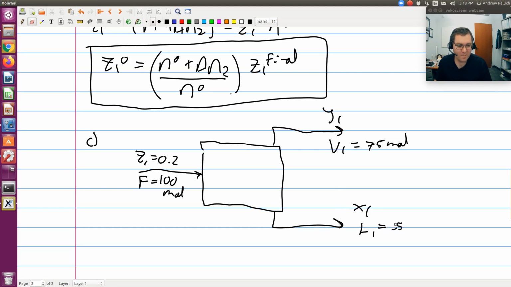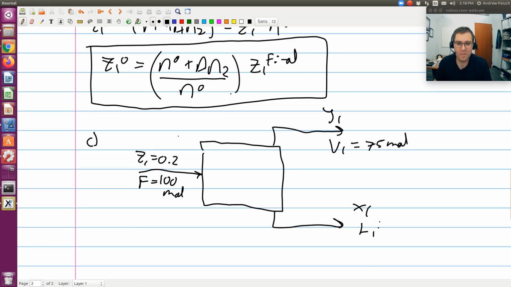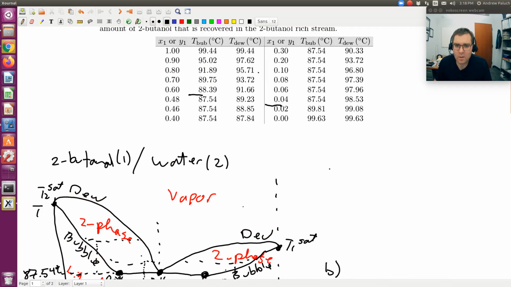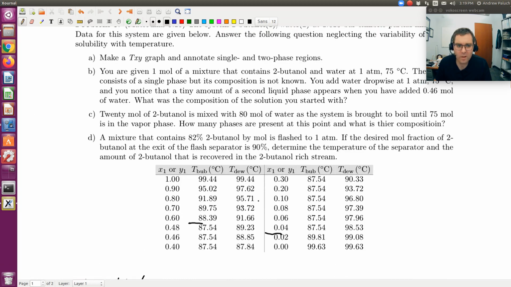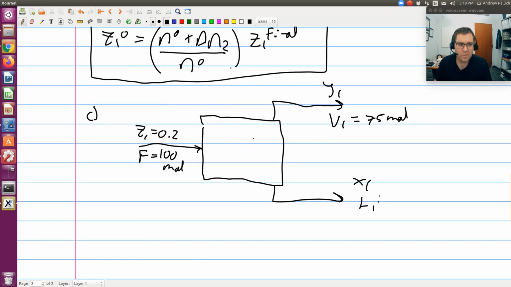But I'm not going to do that, because I'm going to write down two mass balances in addition to our phase equilibrium expressions. Basically, I want to solve for y1 and x1, and at the same time solve for temperature. Pressure is known and fixed at 1 atm. But temperature I don't know, I don't know y1, and I don't know x1.